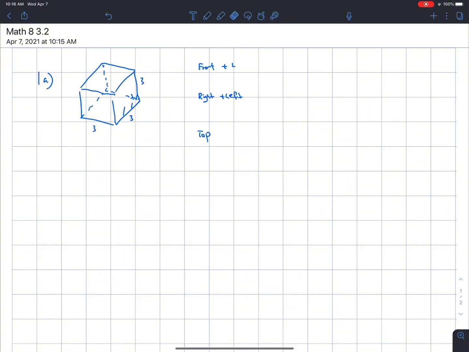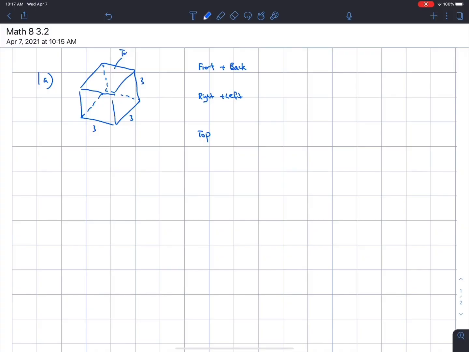And for the front piece, this is the front piece. Right across from the front piece, it will be the back piece. So that will be front and back. And then finally, right across from the top is going to be the bottom piece.